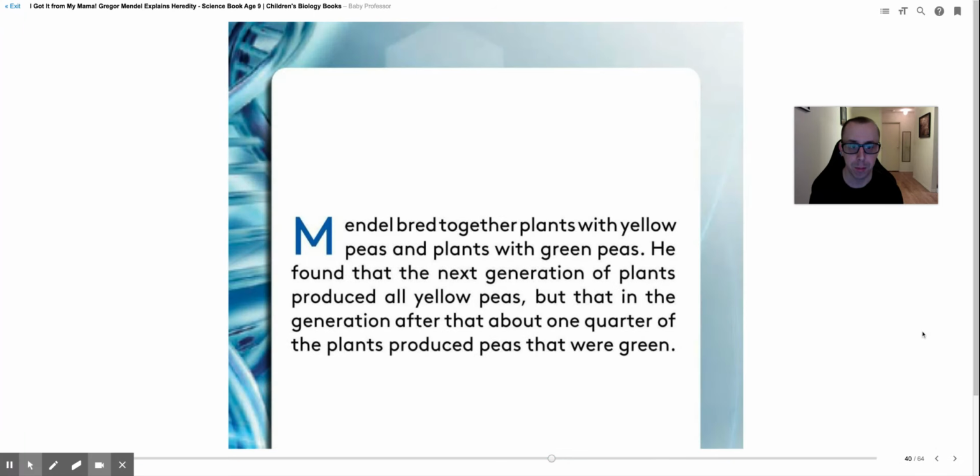Mendel bred together plants with yellow peas and plants with green peas. He found that the next generation of plants produced all yellow peas, but that in the generation after that, about 1/4 of the plants produced peas that were green. So in the second generation, similar to when we talked about the height of pea plants, this sort of reinforced his studies that there are dominant traits.